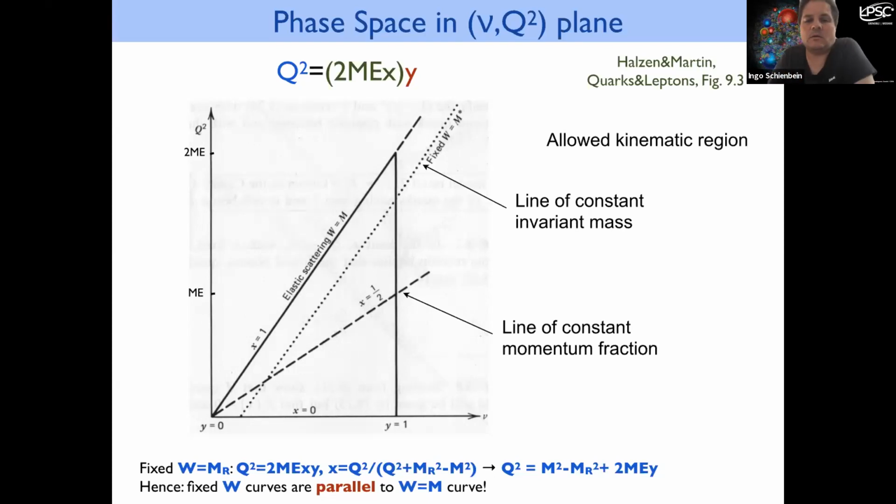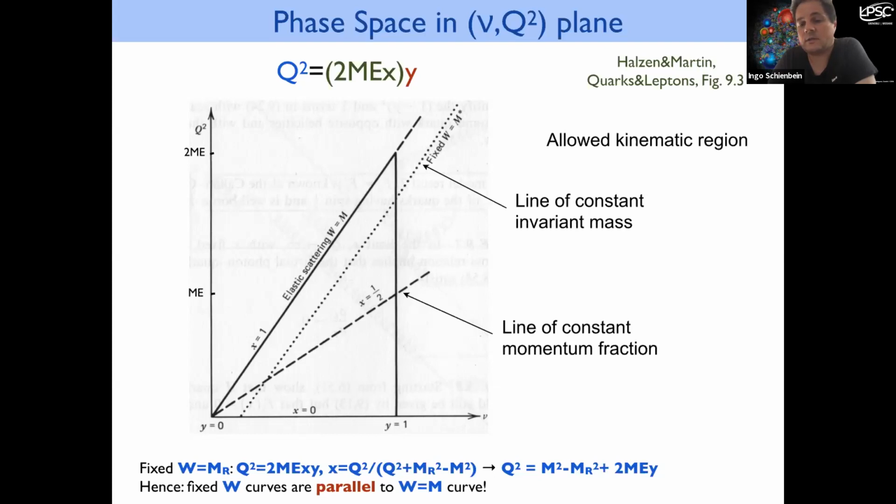And in addition, if you work out the kinematics and impose that W is the mass of a resonance, say the delta resonance, you find then that Q squared is the nucleon mass minus the resonance mass squared plus 2MEy.